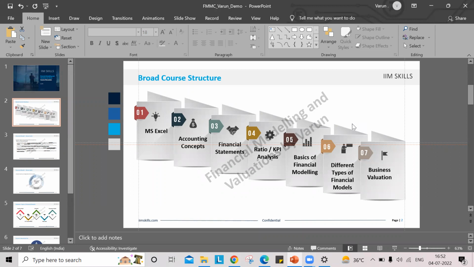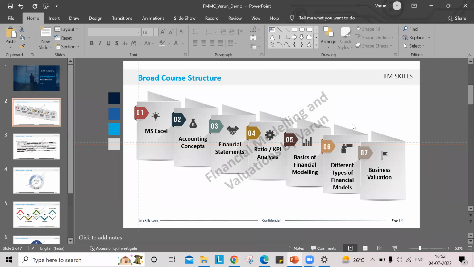Sir, is MS Excel a prerequisite for this course, or do people learn along with this course? Okay, that's a very good question. I will put it two ways. First, Excel is definitely a prerequisite for financial modeling in practice.